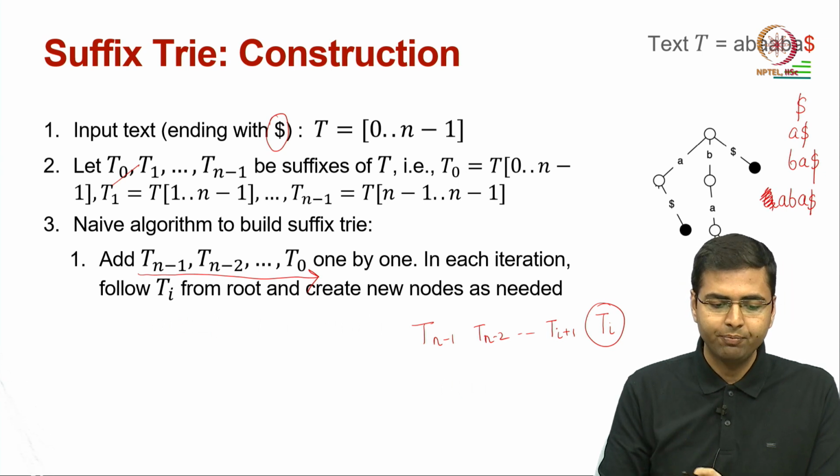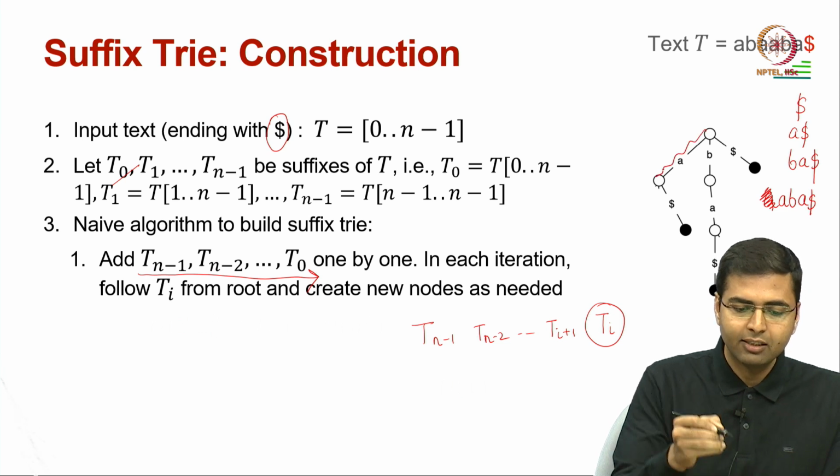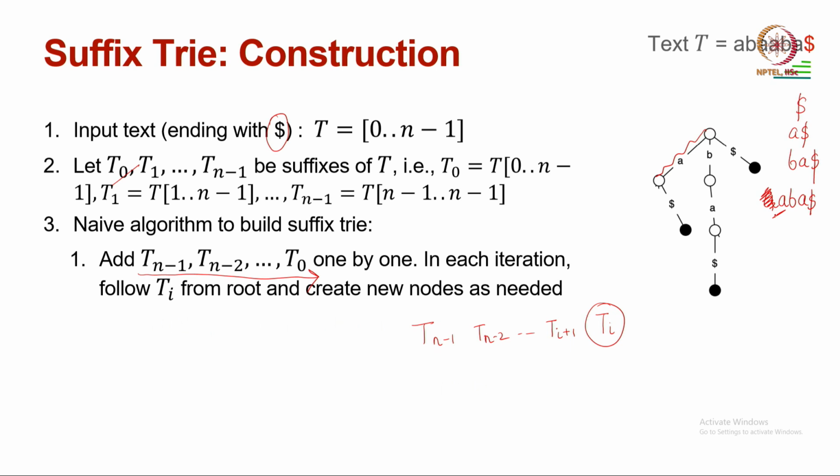So I am going to search for it in this trie. The first character matches, however, the next character is a mismatch. So from there on I can add new nodes B, A and $.